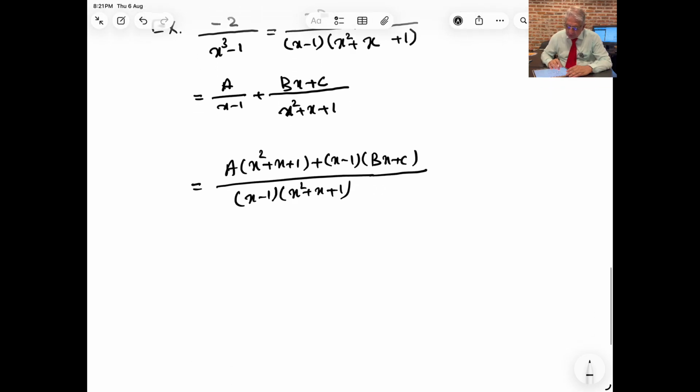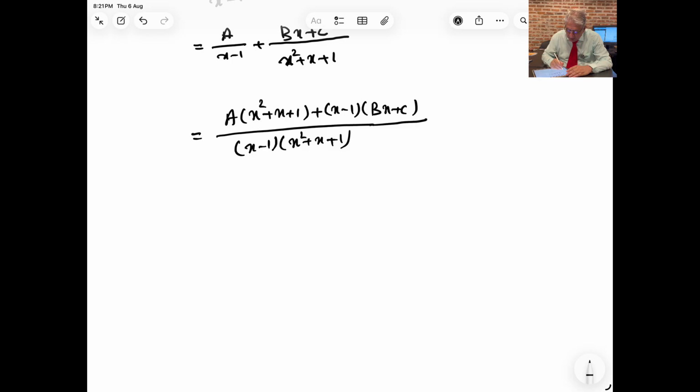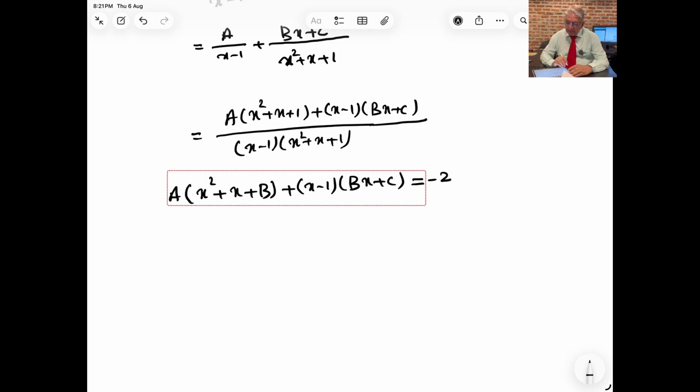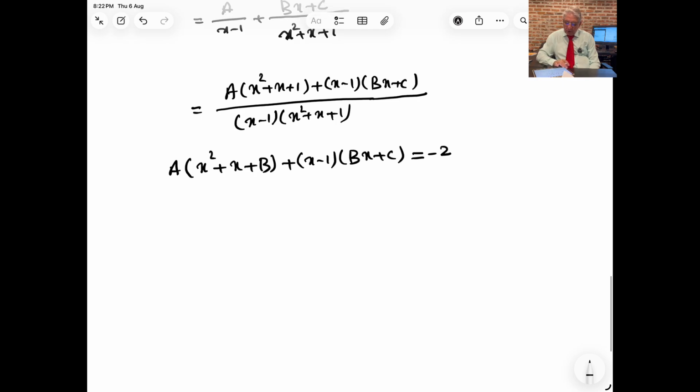Denominators are same, so the numerators should be same. Therefore, a times x squared plus x plus 1 plus x minus 1 times bx plus c should be equivalent to negative 2. Now you can expand this and then go for that method which we have discussed before, but I am not going to do that.